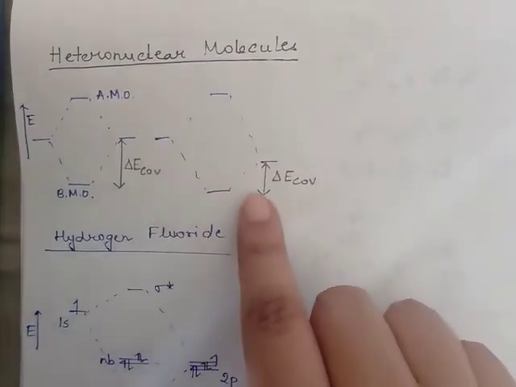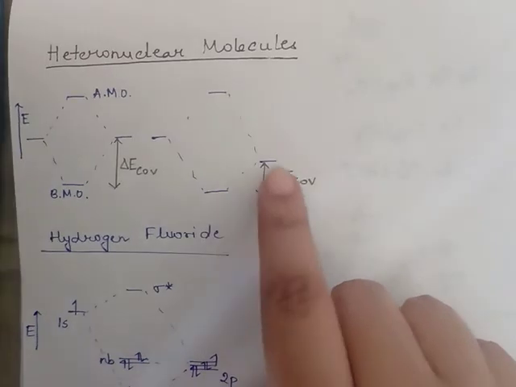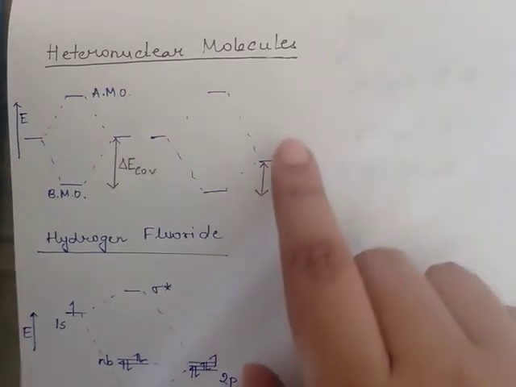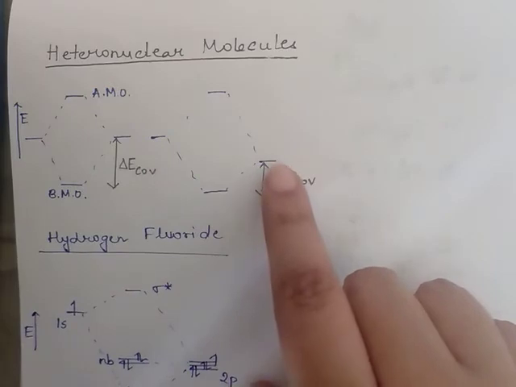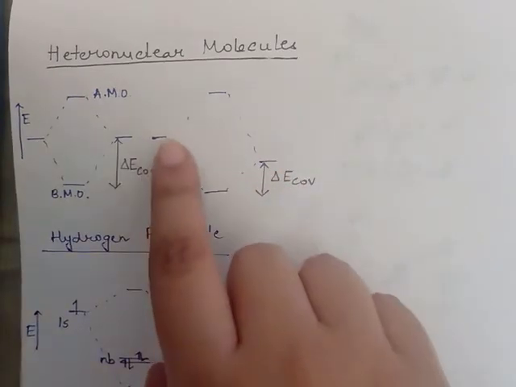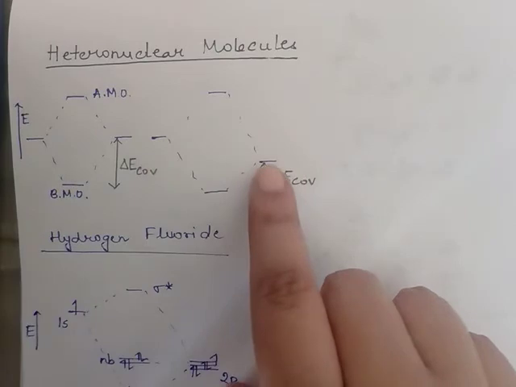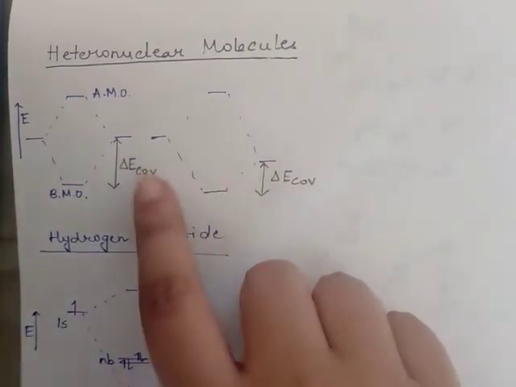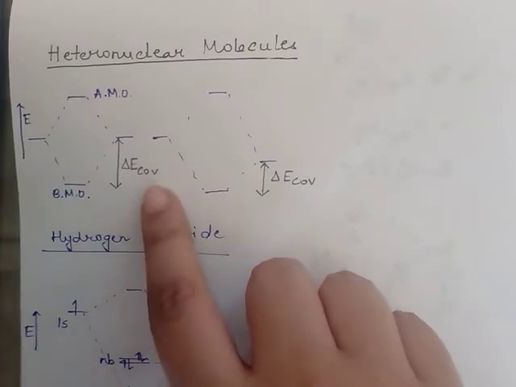In case of the heteronuclear diatomic molecule, this atom has higher electronegativity and therefore a lower energy of its atomic orbitals than this atom. So in this case, the delta E covalent has reduced compared to the homonuclear diatomic molecule.